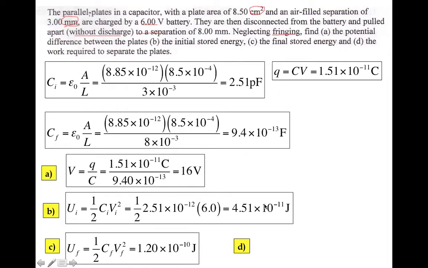So this will give me 4.5 times 10 to the minus 11 joules, and this will give me 1.2 times 10 to the power of minus 10 joules. Now, to calculate the work done, remember the definition, work is equal to the change in potential energy. So the amount of work needed to pull the plates apart to 8 millimeters is that many joules.